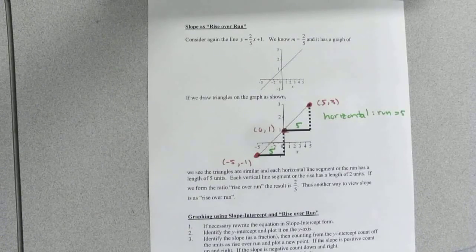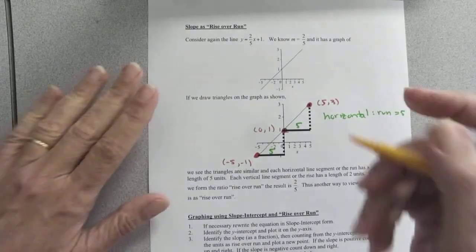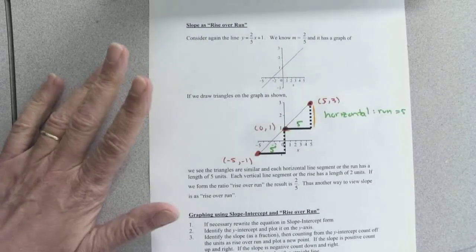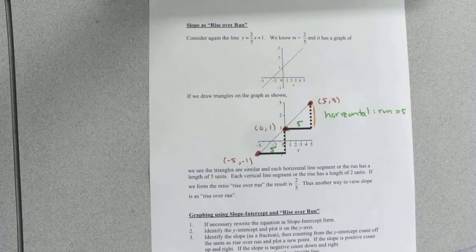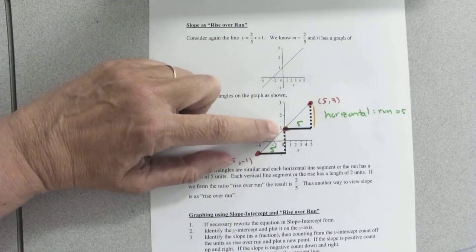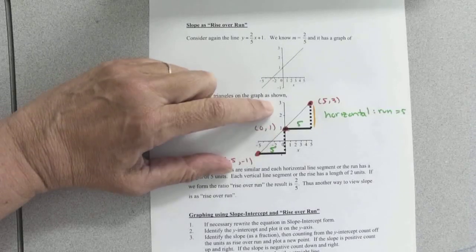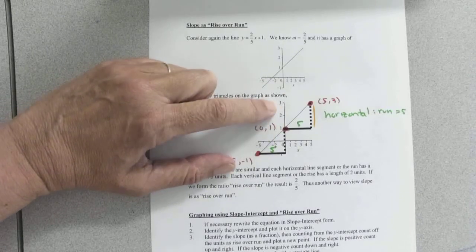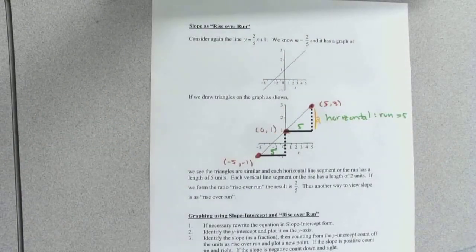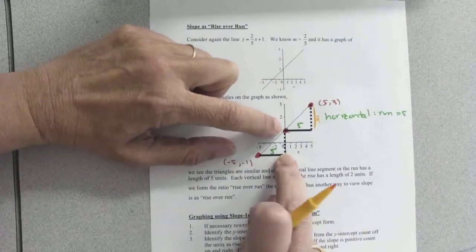Okay, let's pick a different color. Yellow. So yellow right there, that vertical distance. And just counting the spaces we go up. So we go 1 space, 2 spaces. It's 2 spaces. Or it goes from 1 to 3, 3 minus 1, 2 spaces. So 2 units. And the same thing here.